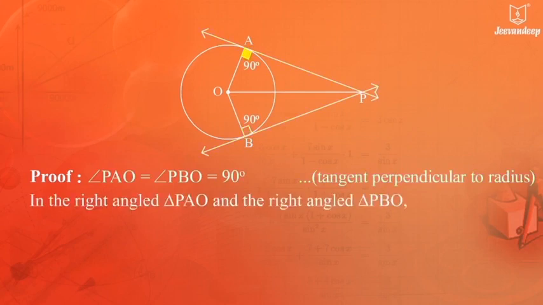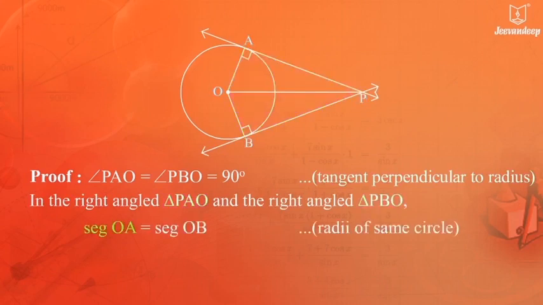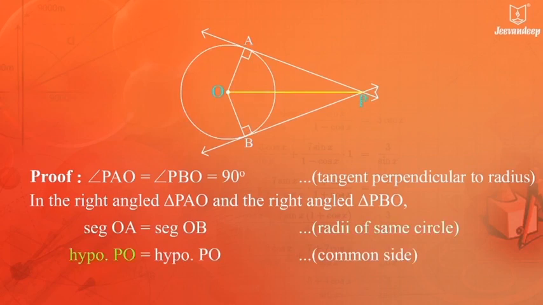In the right-angled triangle PAO and the right-angled triangle PBO, segment OA equals segment OB, being radii of same circle. Hypotenuse PO equals hypotenuse PO, being the common side of the two triangles.